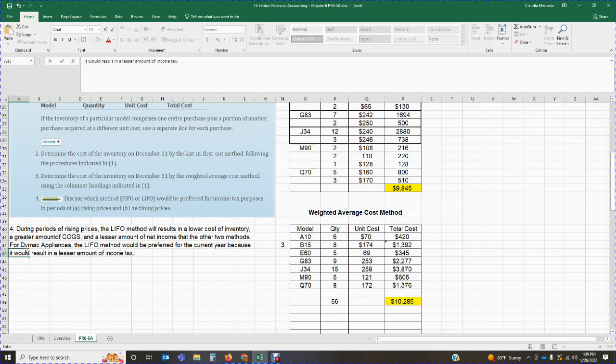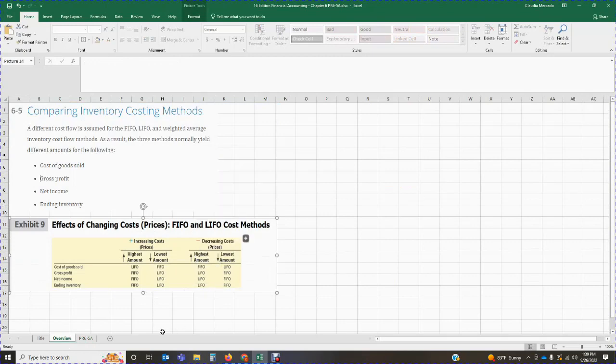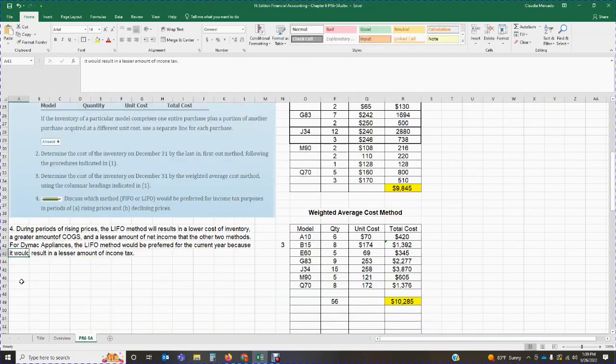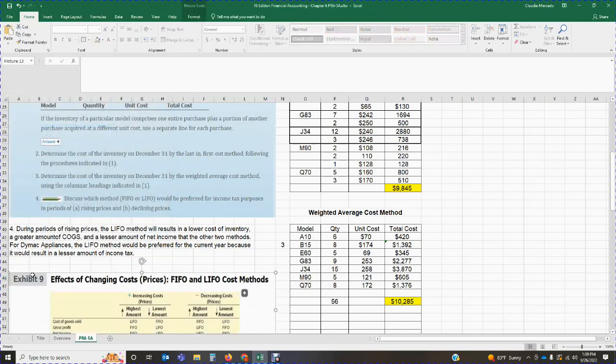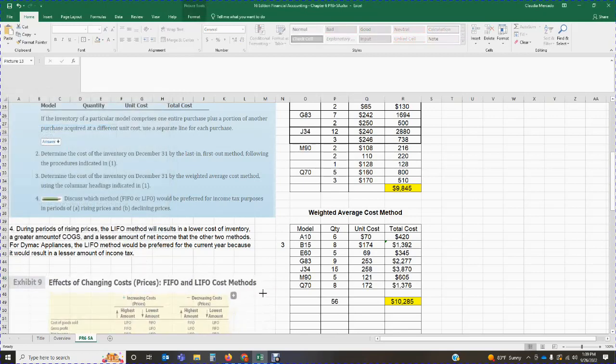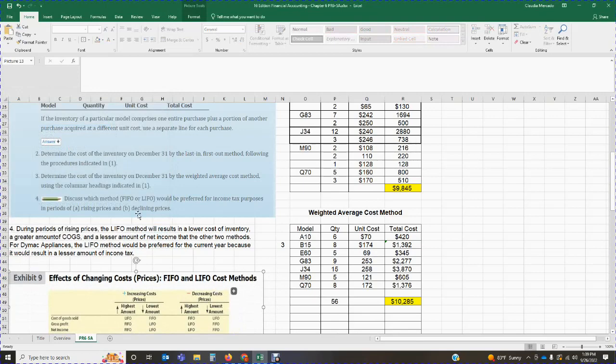So during the periods of rising prices, the LIFO method will result in a lower cost of inventory. Let me copy this over here. It says, discuss what would be preferred for income tax purposes in periods of rising prices. So when our prices rise, the LIFO method will result in a lower cost of inventory.